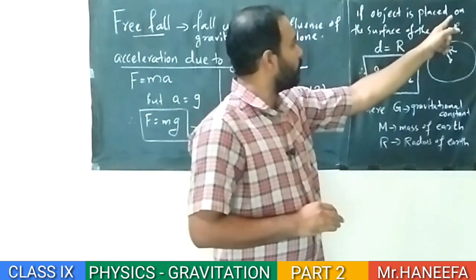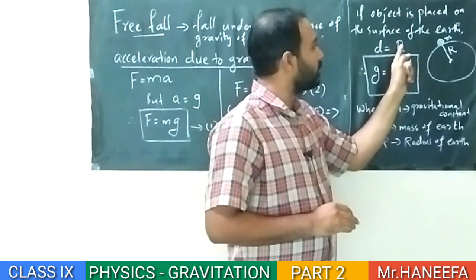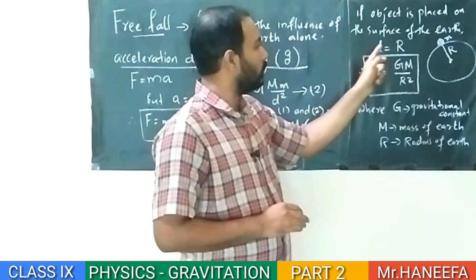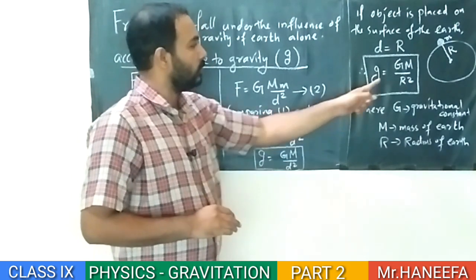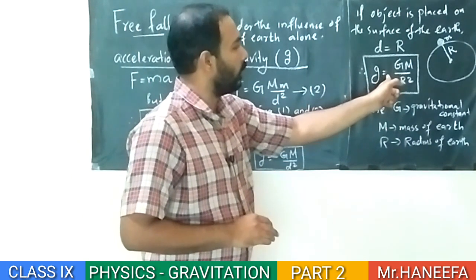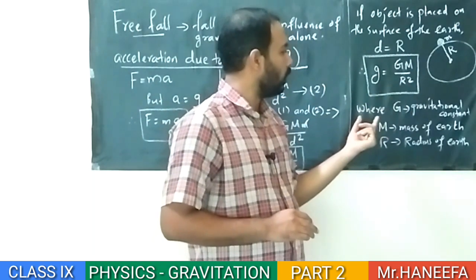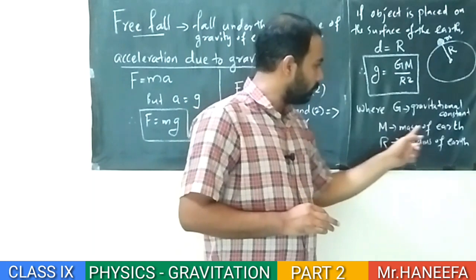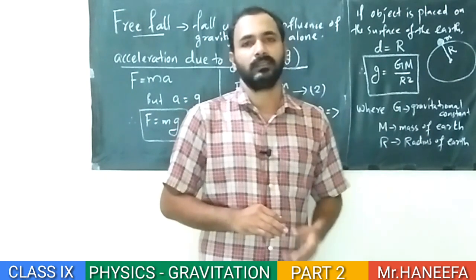If the object is placed on the surface of the earth, d is replaced by the radius of the earth. So d equal to R. So this equation changes to g equals GM by R square, where G is the gravitational constant, M mass of the earth, R radius of the earth.